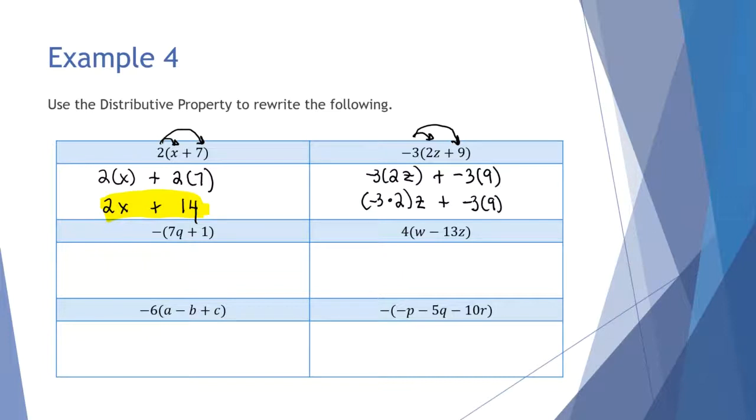And then I should have given myself one more line of work, so I'll just go to the right here. So -3 times 2 is a -6, so I can have a -6z. So I can actually do the multiplication. And then -3 times 9 is -27. So that's plus -27.